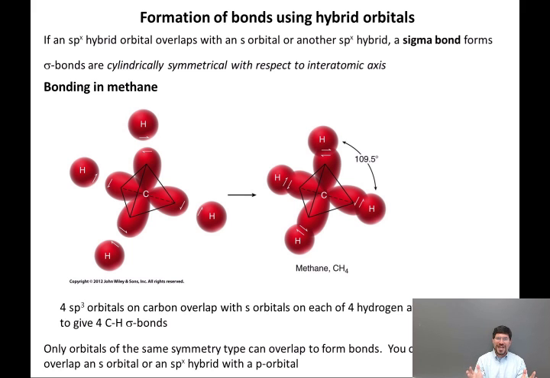So be careful of that. You can form sigma bonds from sp(x)s and from s's, but you cannot actually use p orbitals to form sigma bonds.